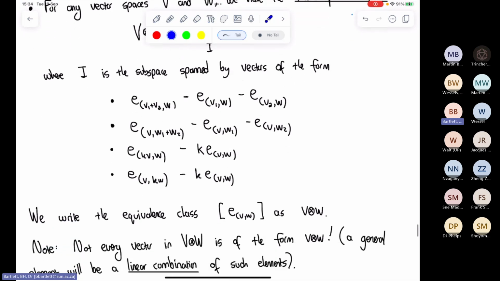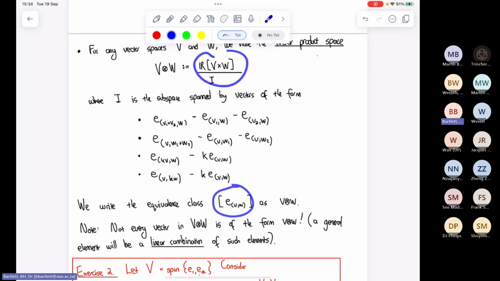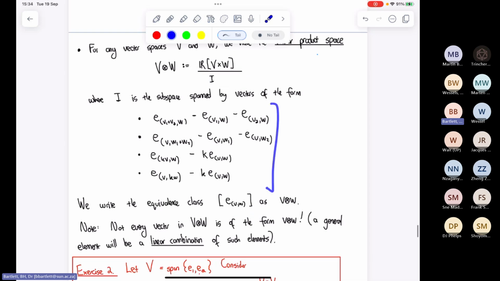Good. So I write the equivalence class of a vector now in this quotient space as V tensor W, right? Just in terms of notation. So this is all just a complicated way of saying things like this. I want to be able to say, for example, that V tensor 7W is equal to 7V tensor W, right?